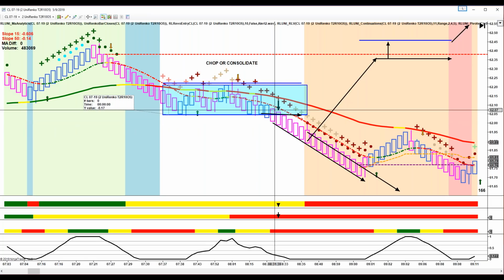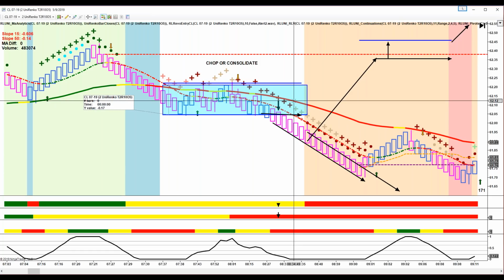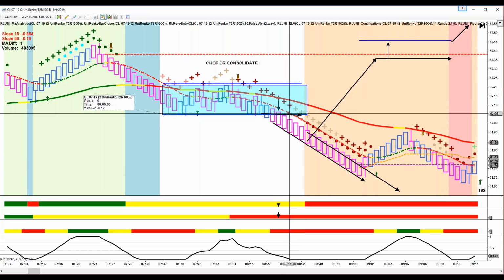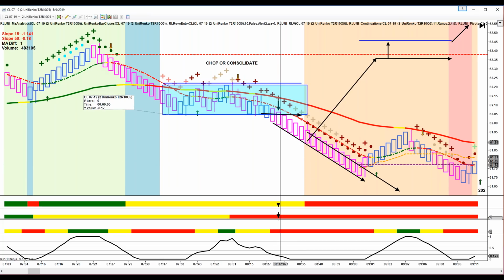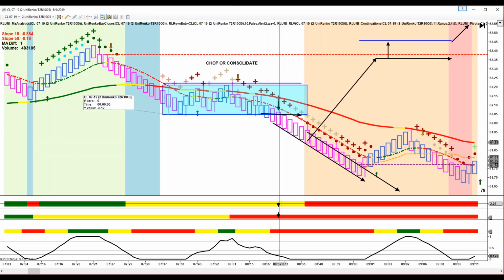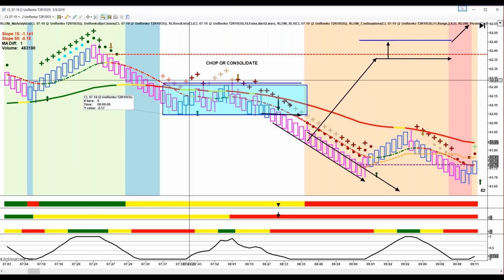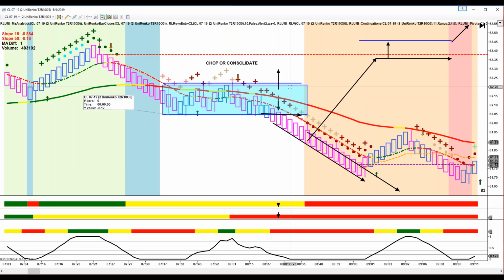Now, there are some rules. Consolidation, if it's below the 50 and below the 15, has to break short. You only need the signal of the break short and either the multi-time frame Laguerre or the quant. If consolidation breaks to the upside here, you will not get a signal.